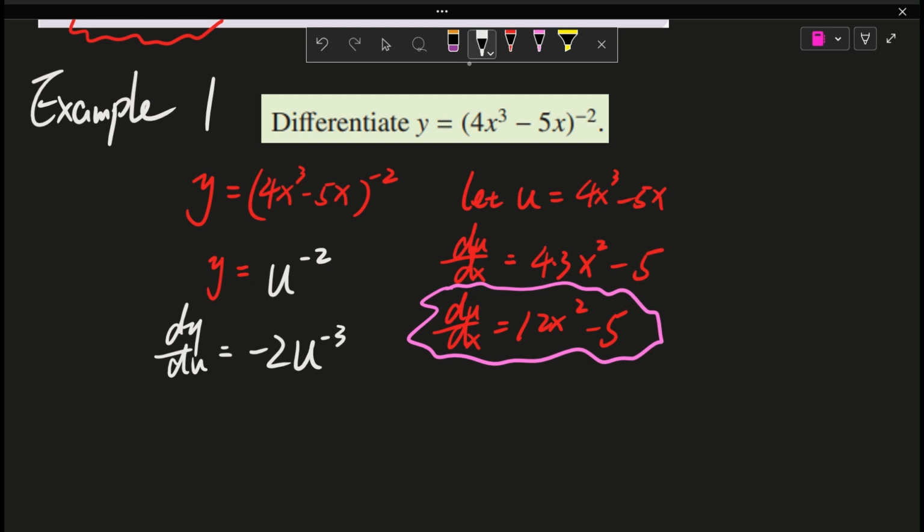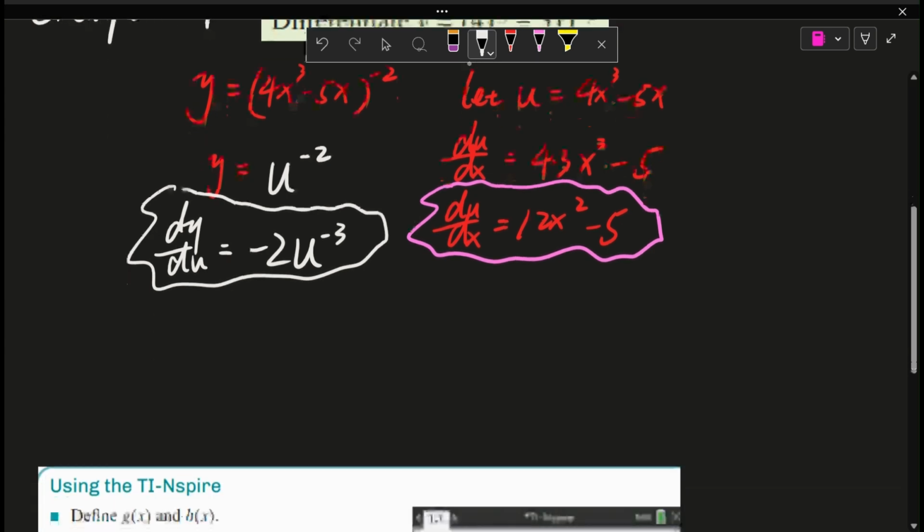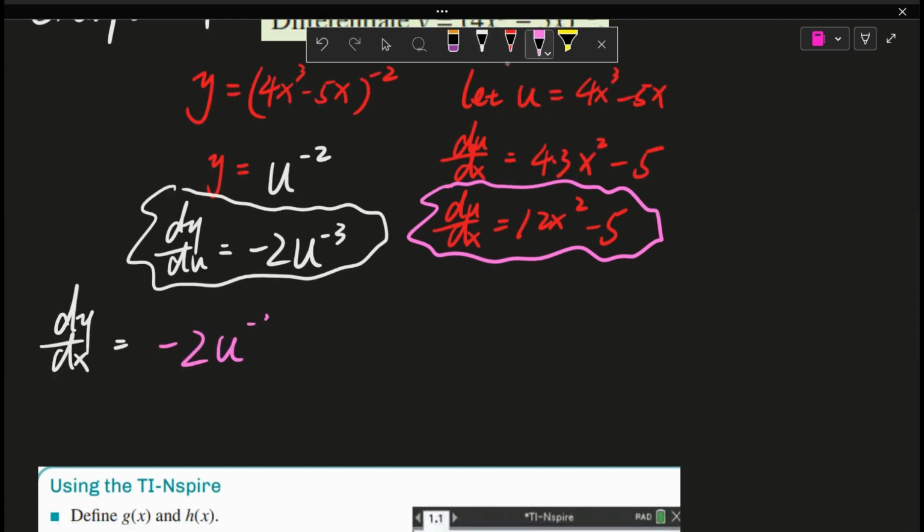Then we have dy/du and du/dx, so putting it all together, dy/dx equals -2u to the power of -3, multiplied by 12x squared minus 5. Then we rewrite it in terms of x, because dy/dx shouldn't have u.